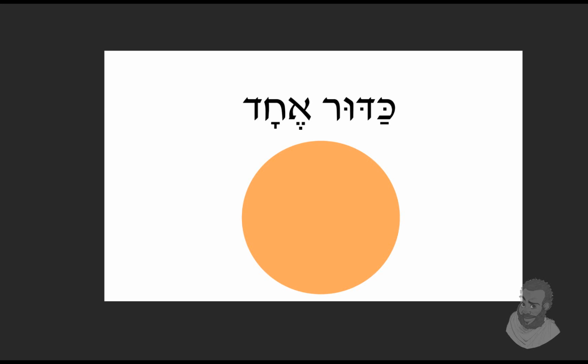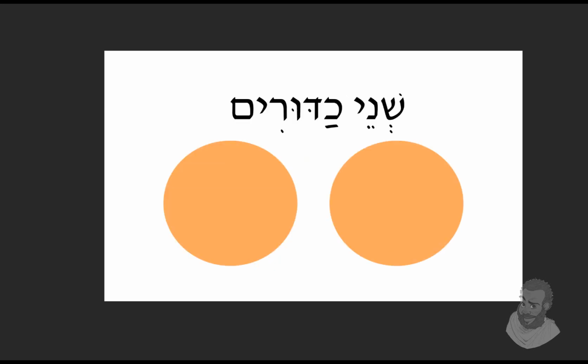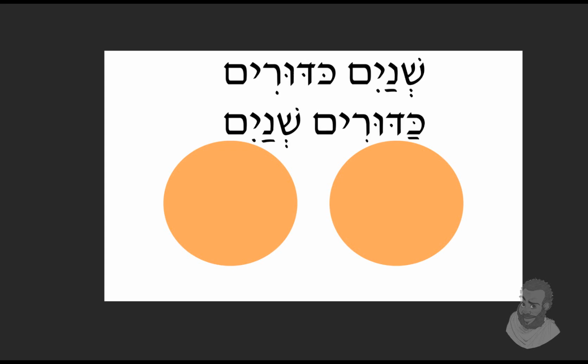All numbers after 1 come before the noun or the object. The numeral 1, whether male or female, follows the noun or object at all times when you're counting. Shene chadurim becomes shenayim kadurim or kadurim shenayim.